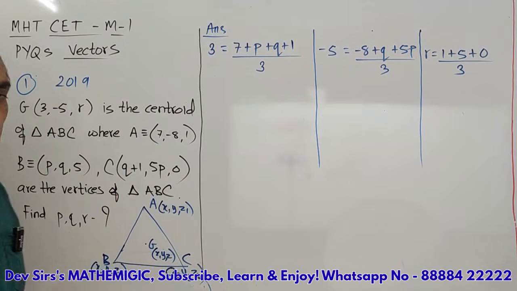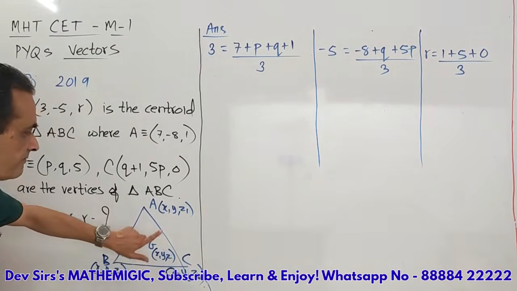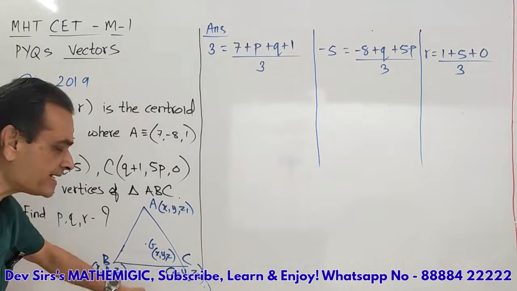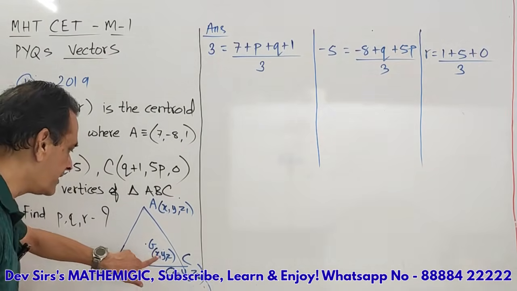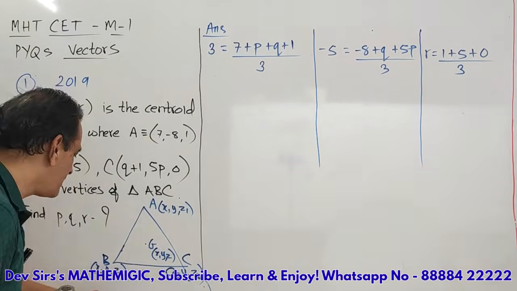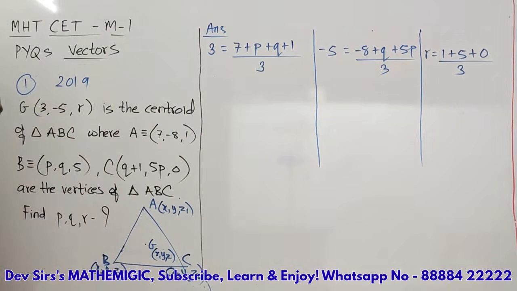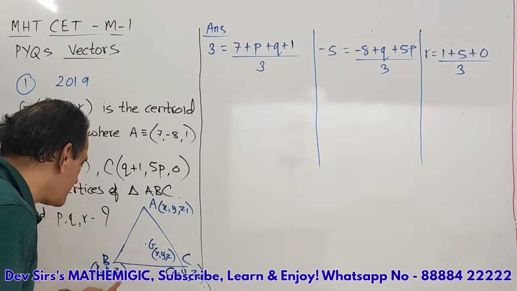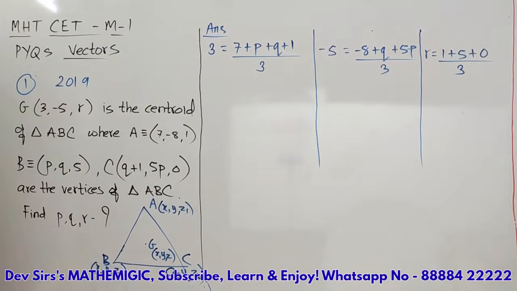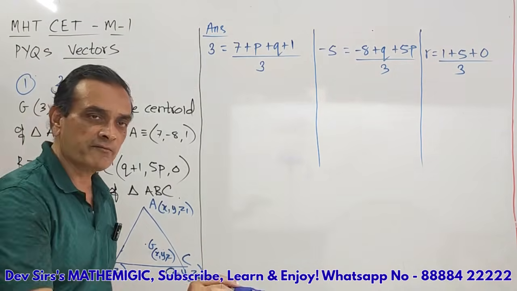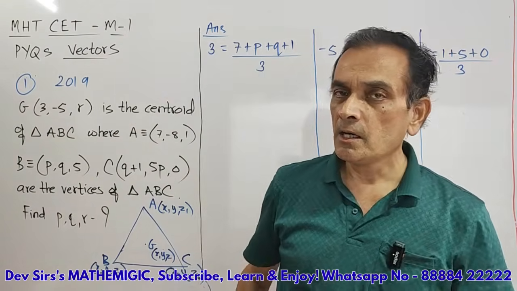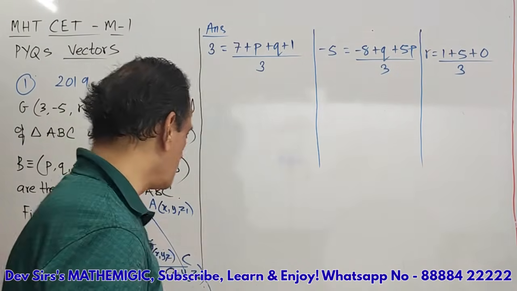Now the formula that I am going to use is X is equal to X1 plus X2 plus X3 upon 3, 10th standard. Y is equal to Y1 plus Y2 plus Y3 upon 3. Z is equal to Z1 plus Z2 plus Z3 upon 3. In 10th standard Z was not there, but now it is there because you are dealing with three-dimensional geometry. Because of this, now see how fast we go.